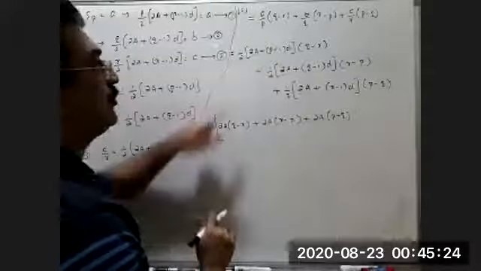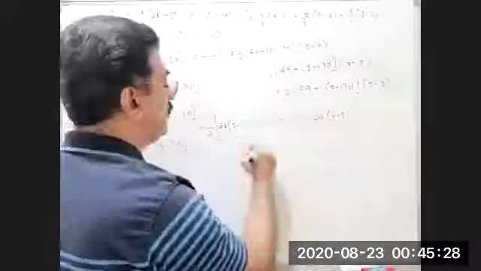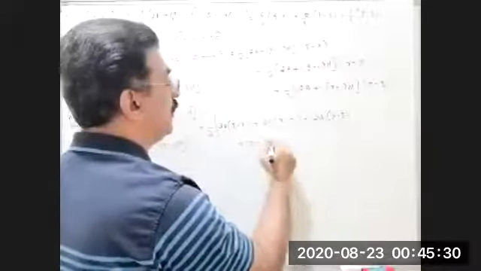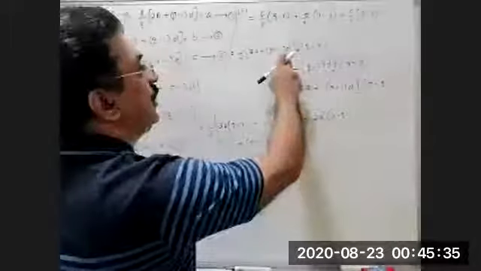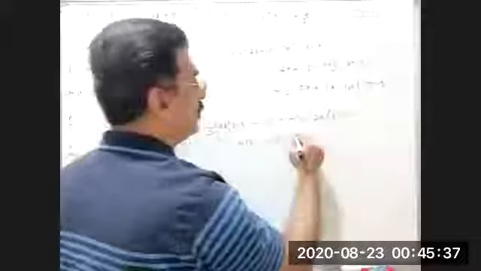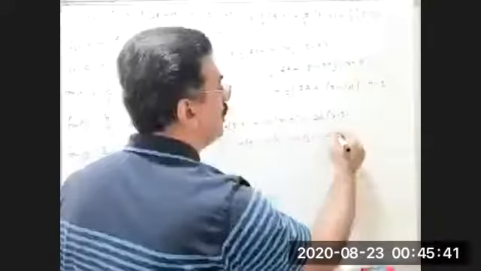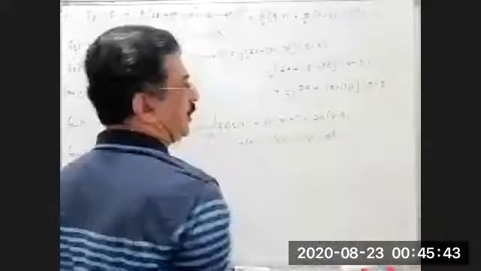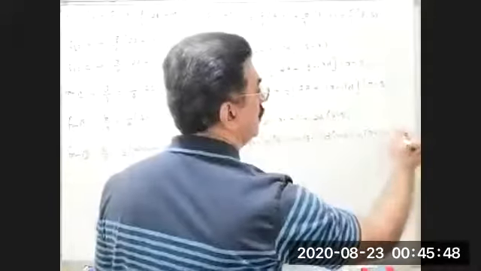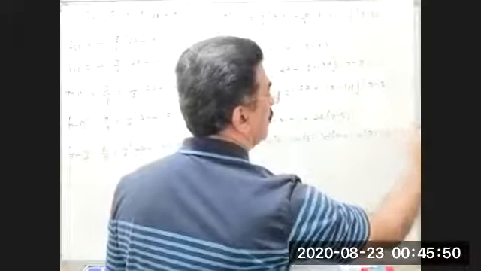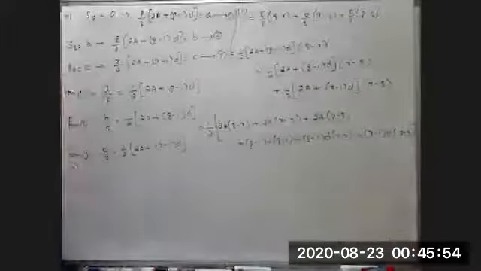Plus P minus 1 into D into Q minus R. Similarly, next one: plus Q minus 1 into D into R minus P. Plus R minus 1 into D into P minus Q. See that?